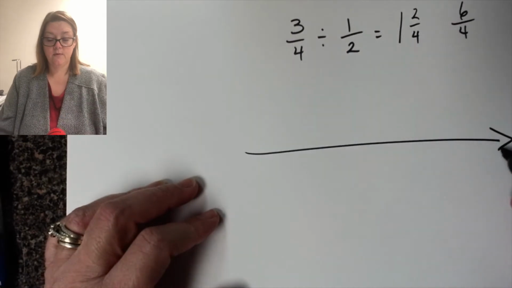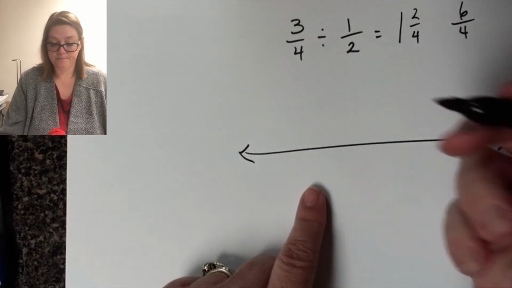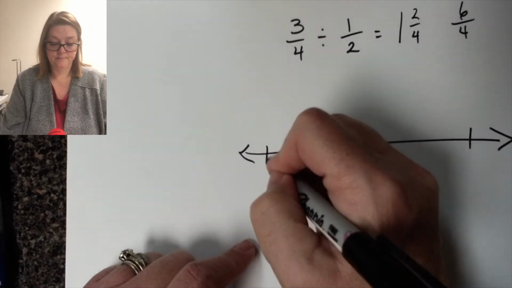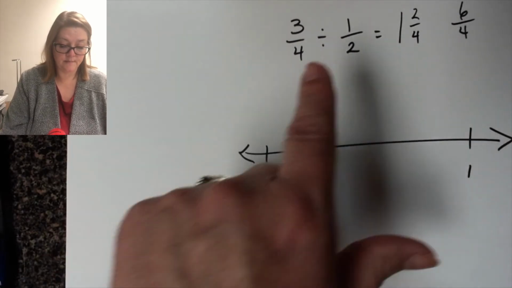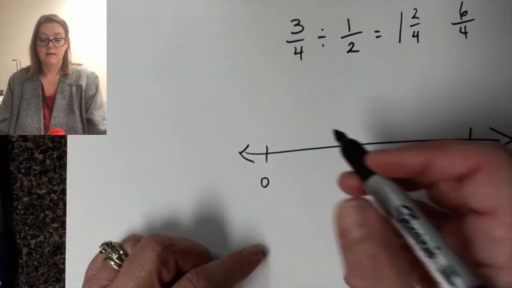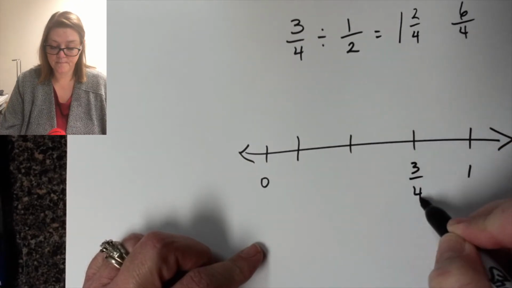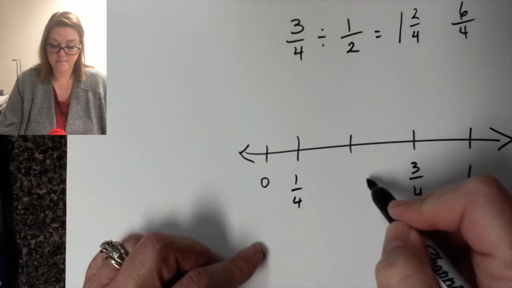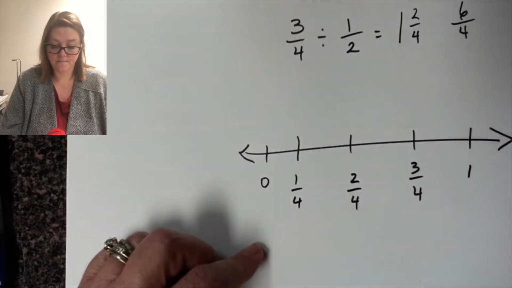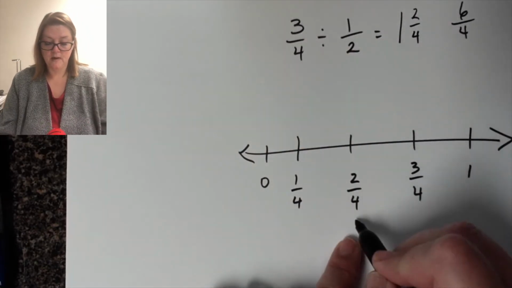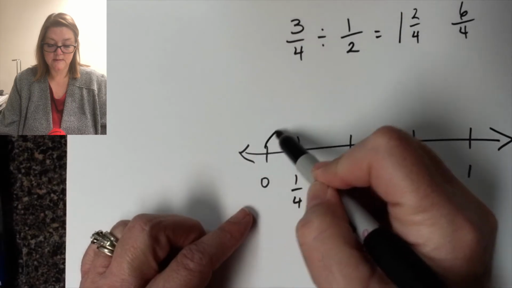But let's go 1 step further. Let's look at it on a number line. Again, 0 and 1. This is saying how many halves are in 3/4. So, and this is a half, we know that.